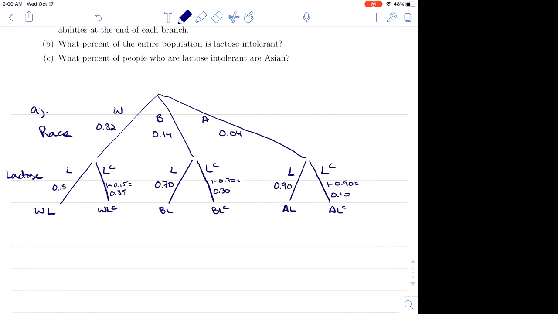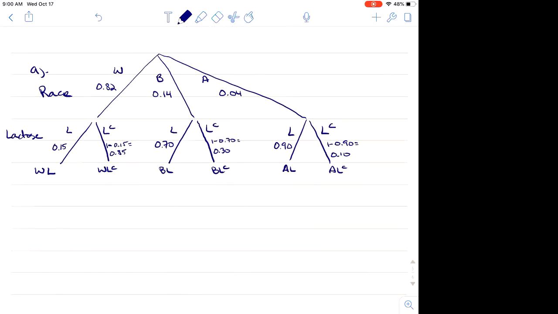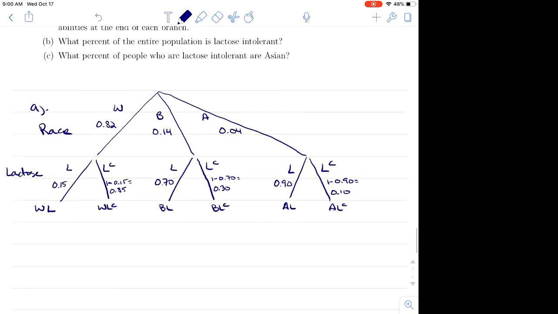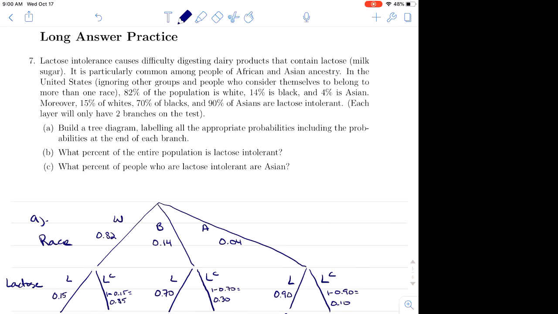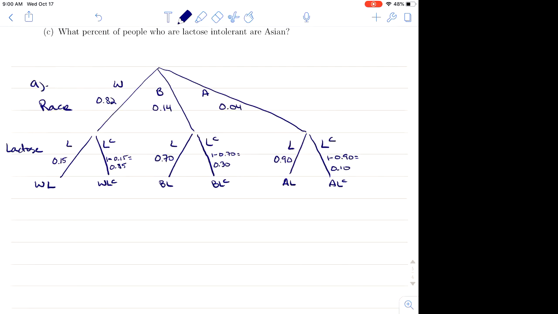So now I can calculate the probabilities of each of these things, right? So this is what I mean by including the probabilities at the end of each branch, because I want you to go through and calculate the probabilities of WL, W not L, right? How do we do that?